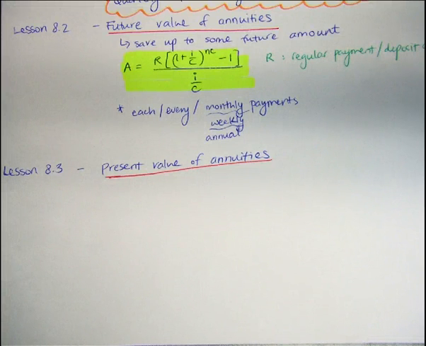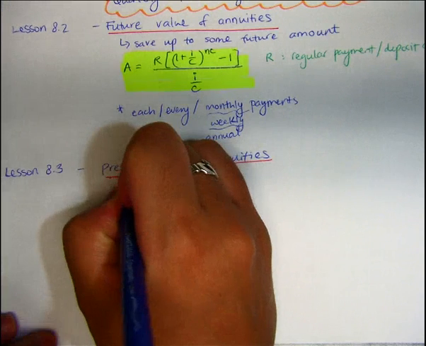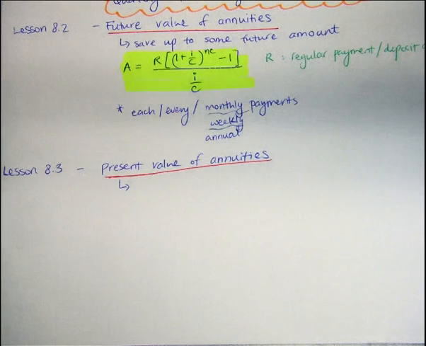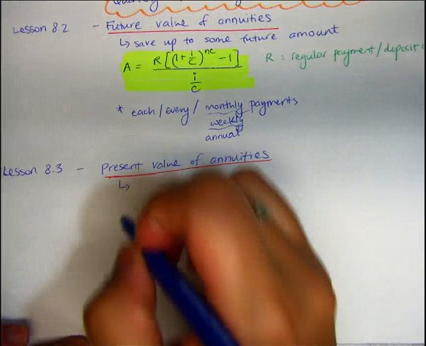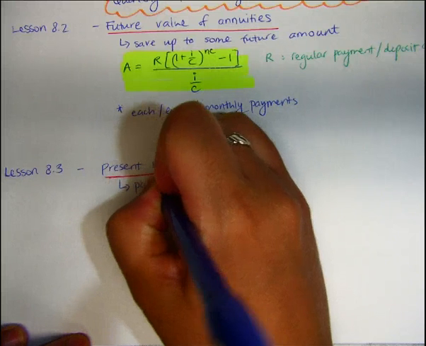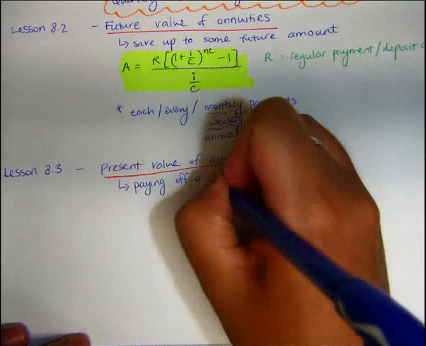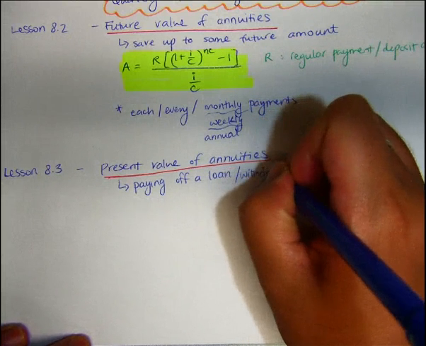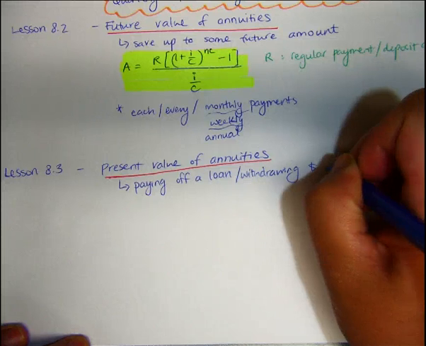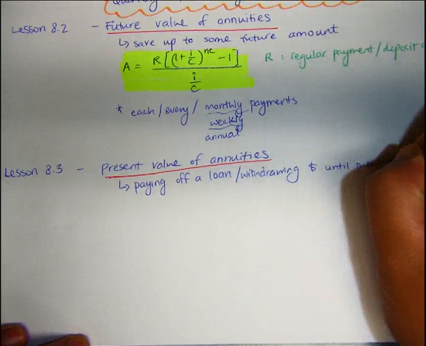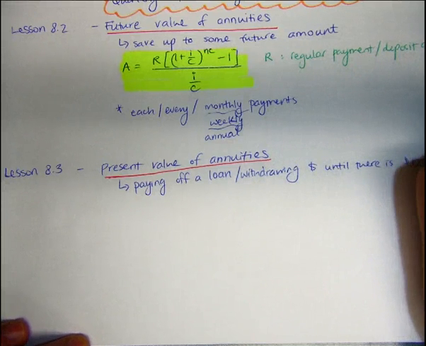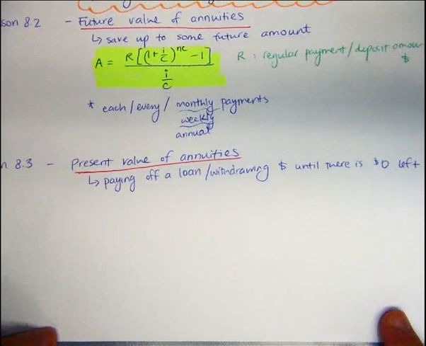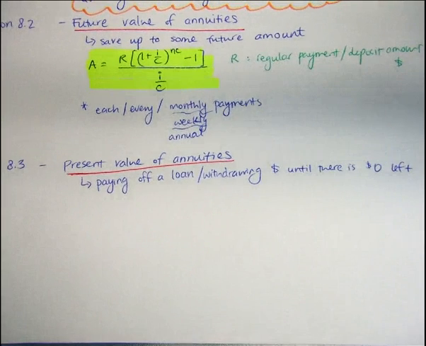Lesson 8.3, we calculated the present value of annuities, and that was different from future value because in future value we were saving up to have some amount in the future, but now we are basically paying off a loan in most cases, or withdrawing money until there is $0 left to pay back or in the account rather.